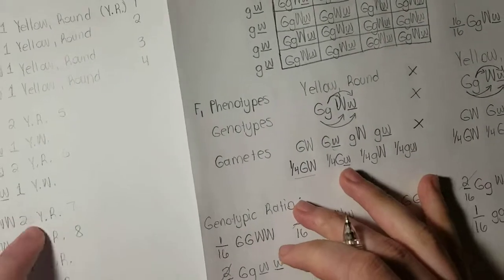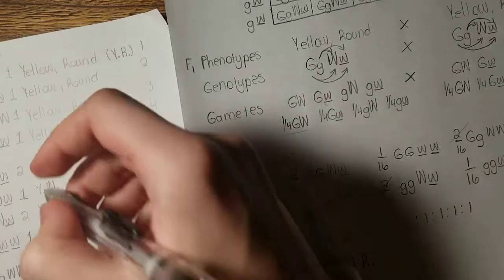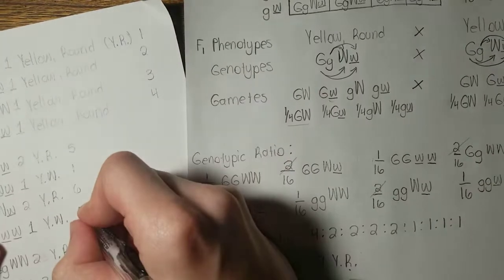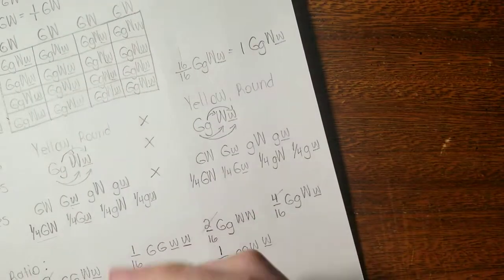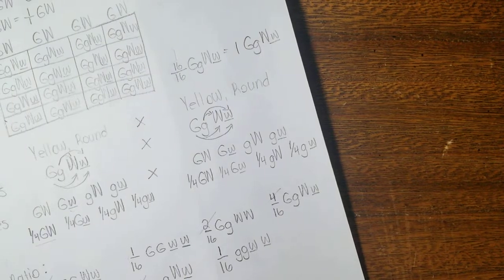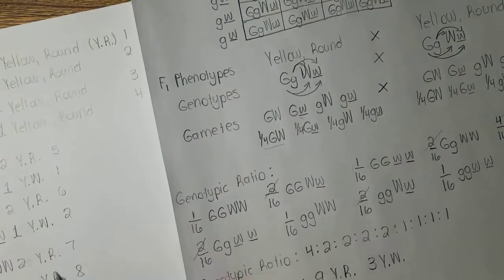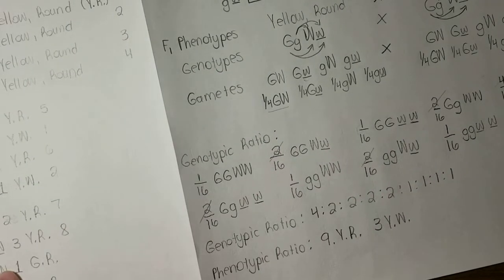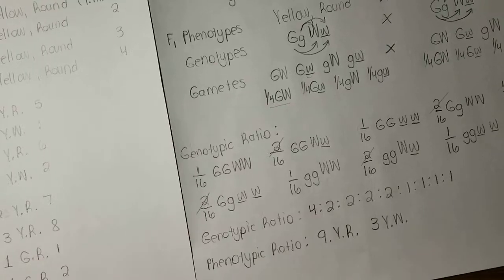For the next one, we'll do yellow wrinkled. So we have 1, 2, 3. We have 3 yellow wrinkled. The next one, we're going to do green and round. So we have 1, 2, 3.